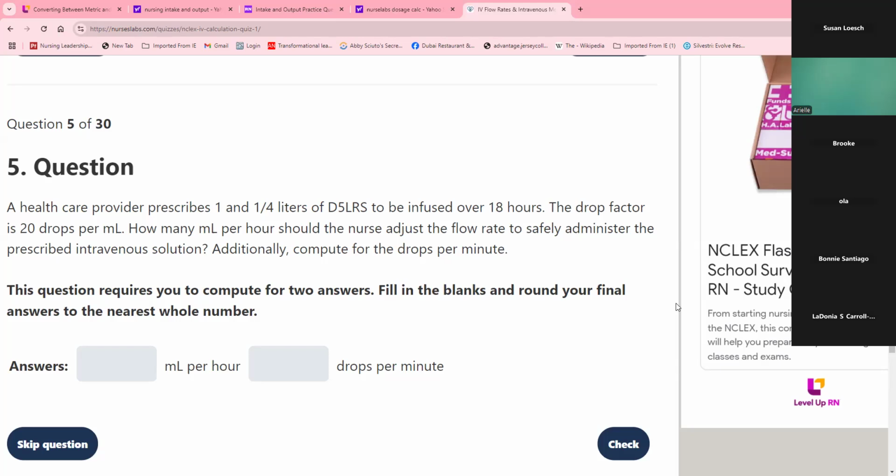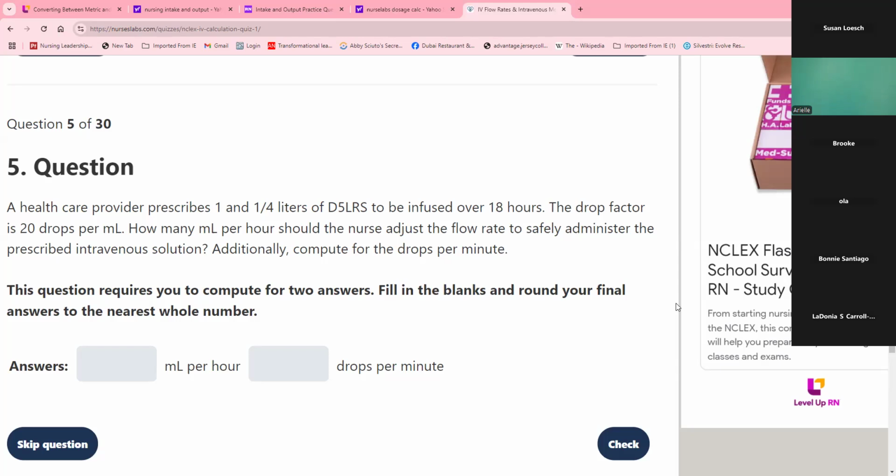So if you were to write 1¼ as a decimal, how would you write it? 1.25. And now to convert that to milliliters, you're going to do what? Multiply, because you're going to the right. Whenever you're going to the right, you're going to act like a rabbit and multiply.